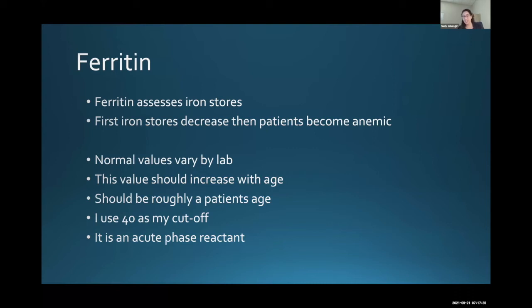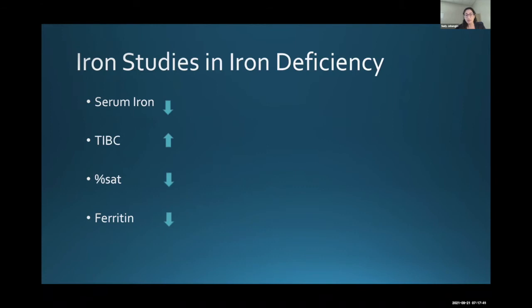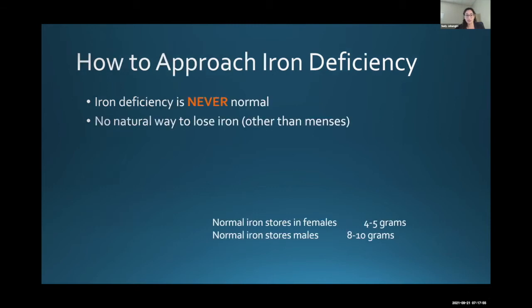That's where looking at all of those iron studies as a bundle and looking at the big picture of your patient is going to be important. So just to review what those iron studies look like in the typical scenario without anything confusing it, serum iron will be low, iron binding capacity should be elevated, percent saturation will be decreased, and ferritin will also be decreased.